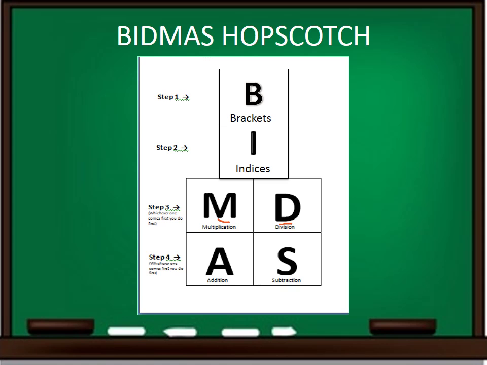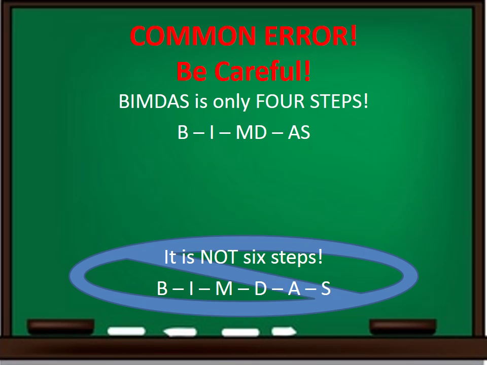Step 3 is you work from left to right and do all the multiplies and divides as they come. Step 4, you don't do addition before subtraction. You do them both together from left to right. Like it says there, it's 4 steps, not 6 steps. You don't do the multiplies before the divides, you do them together.